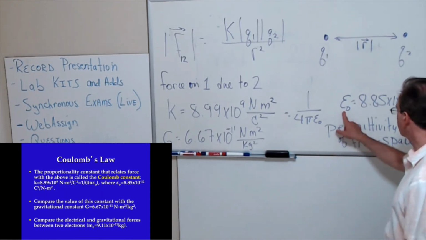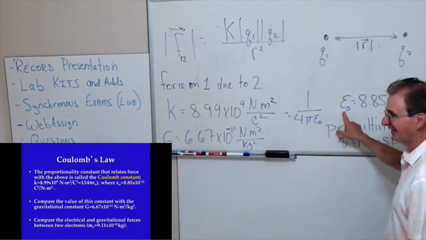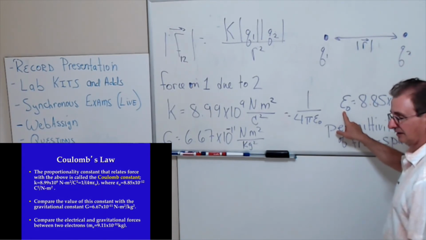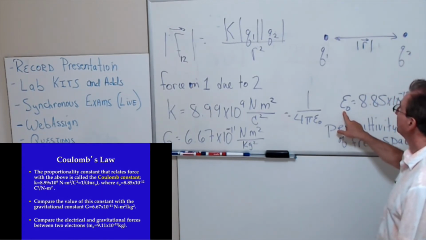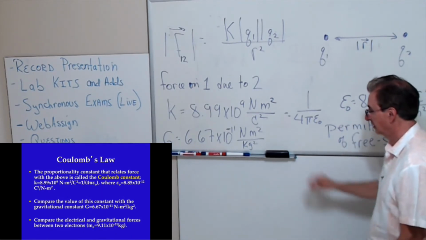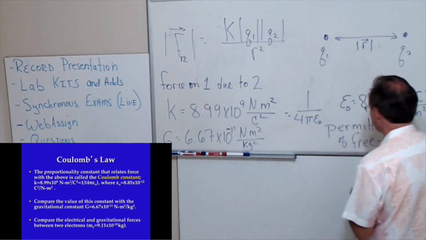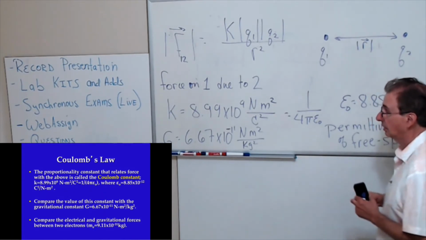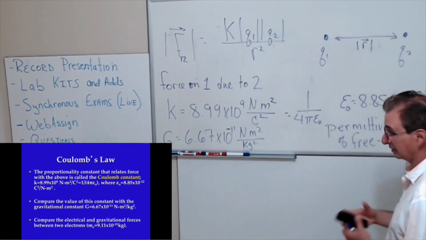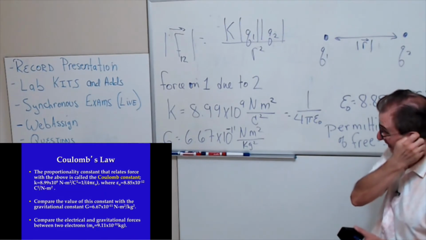For metals, this is going to be infinite. Did I say it right? Yes, it'll be infinite, and that'll make K 0. That'll make the field inside 0 for a metal.